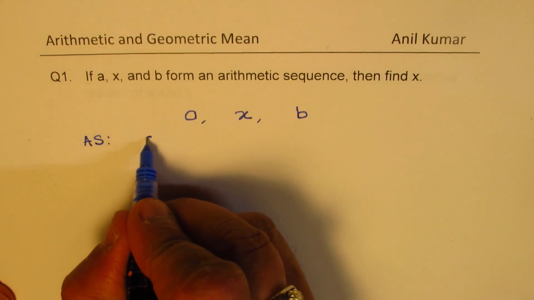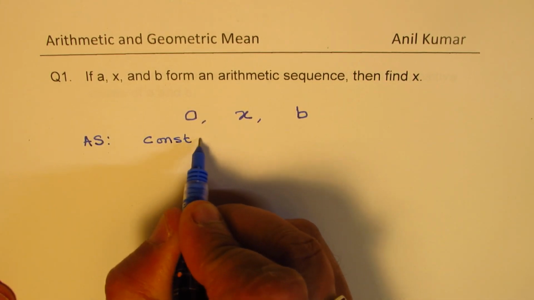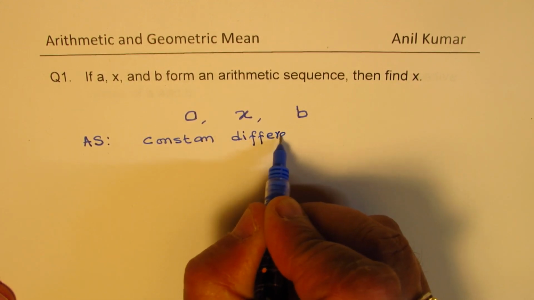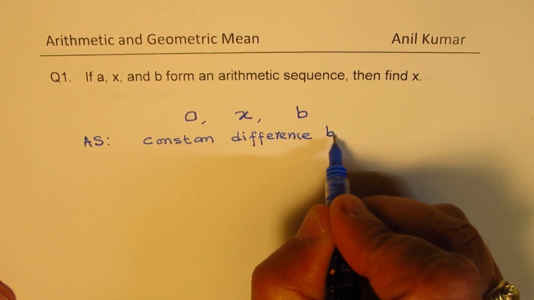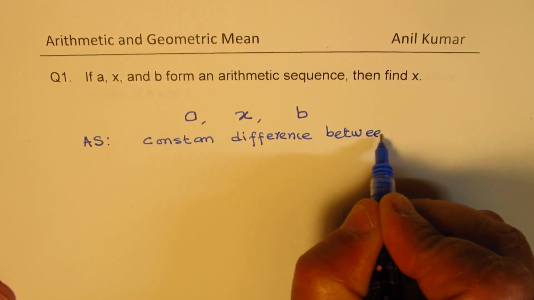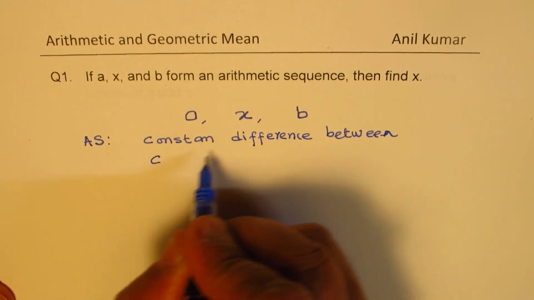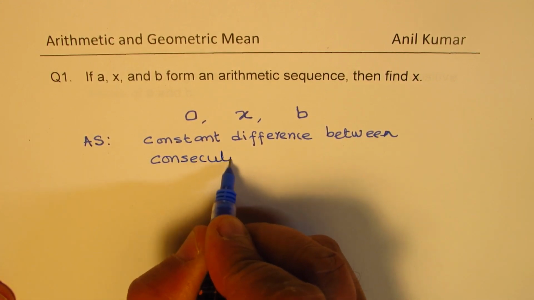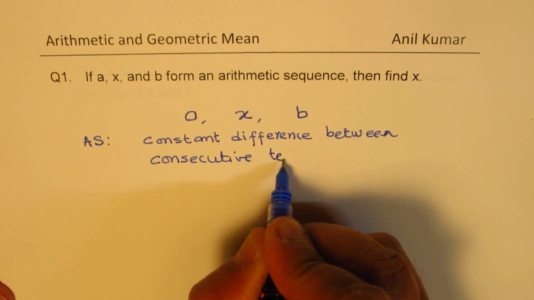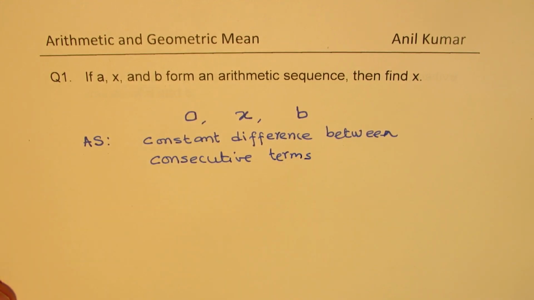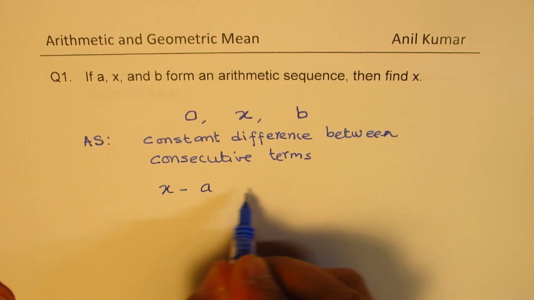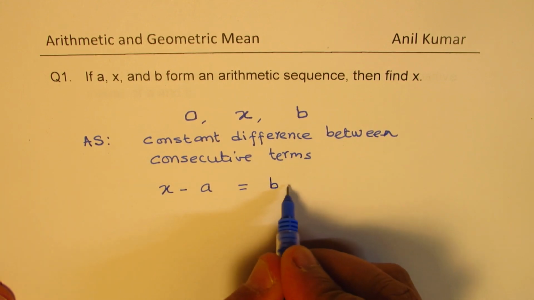It means we have a constant difference between consecutive terms, correct? That is what an arithmetic sequence is. So that means x minus a should be equal to b minus x.